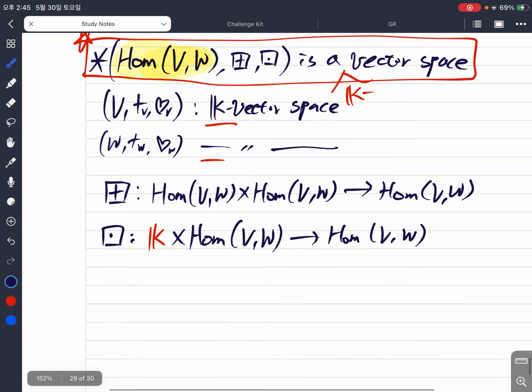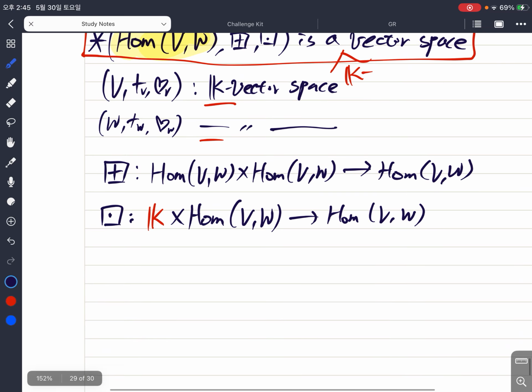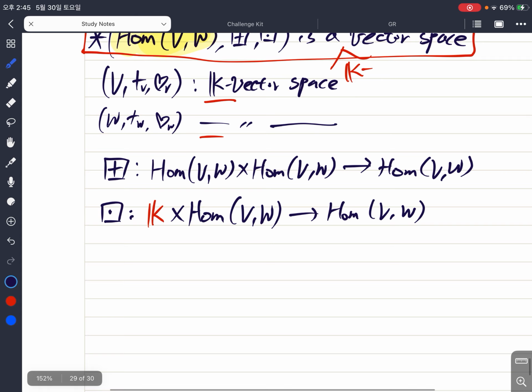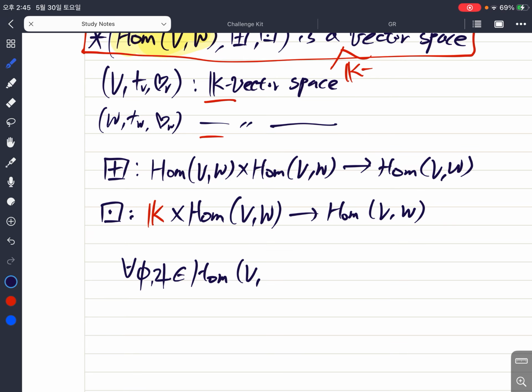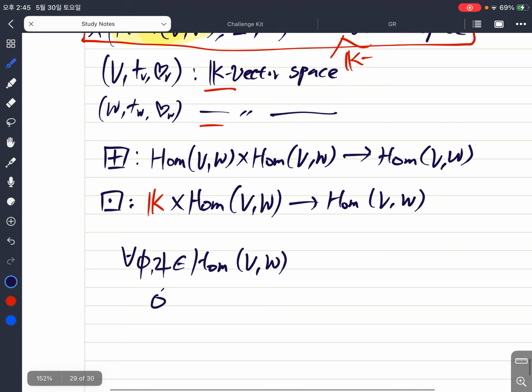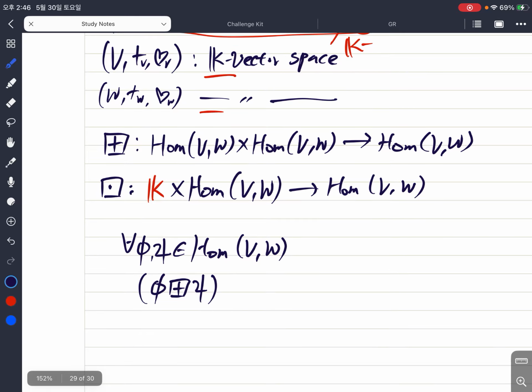Okay, then what is that? For example, plus is defined like this. For phi and psi both in Hom(V, W), we can define phi plus psi. Now this is some operation.